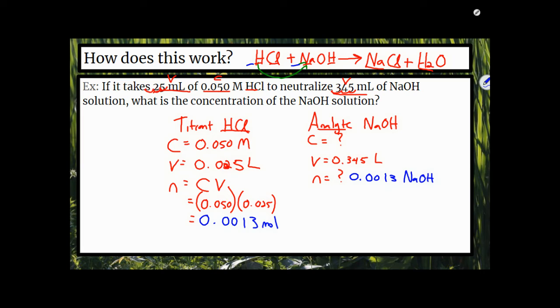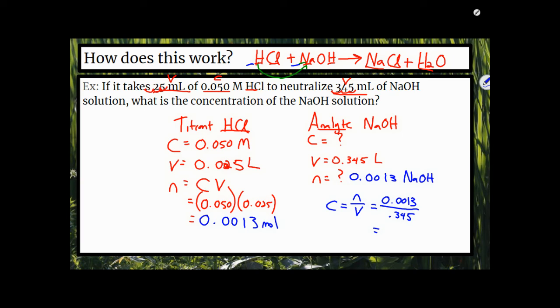I can figure out what my initial concentration was with my NaOH because concentration is moles divided by volume, which is going to be the 0.0013 divided by the 0.345.